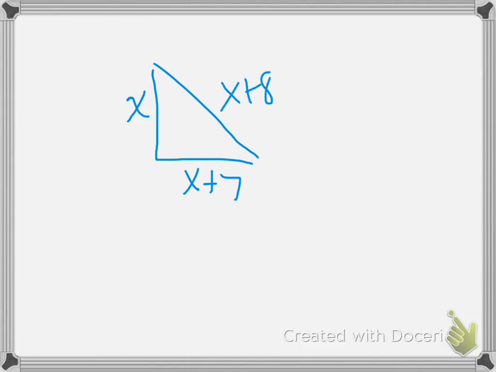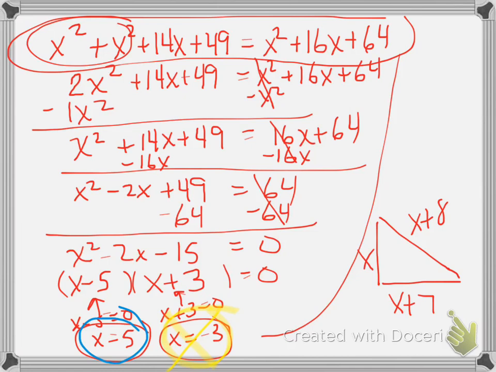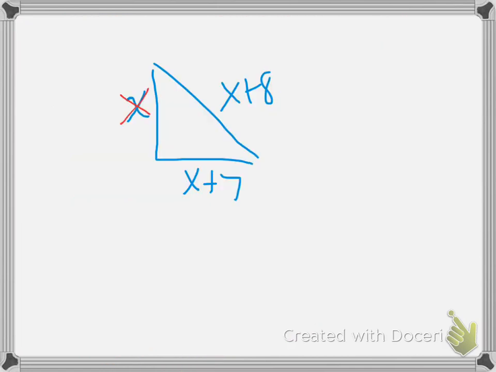You can check it because if this was x, let me see if I can remember this, x plus 7 and x plus 8. If I know that x is 5, then this would be 7 plus 5, which is 12, and this would be 5 plus 8, which is 13.